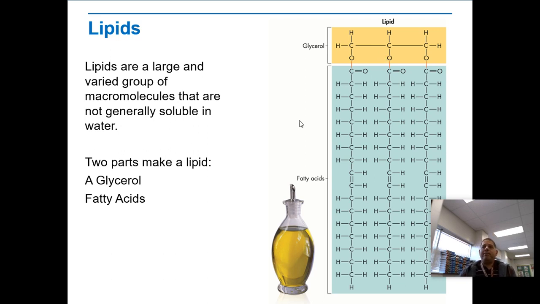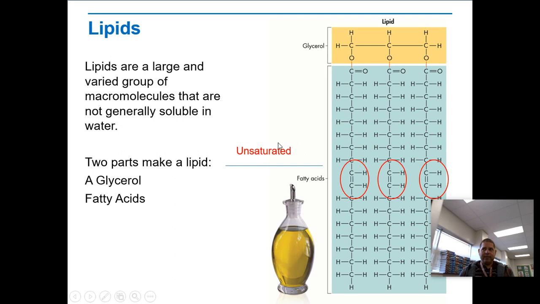There are two parts that make up a lipid. They are glycerol and fatty acids. You can see here in the diagram, the glycerol is the top part, and the tails that you see dragging down below, the branch chains of carbon with hydrogen bonds, make up the fatty acids.